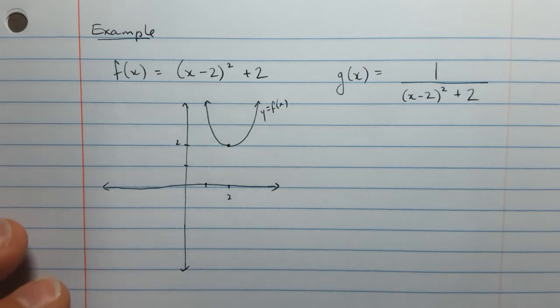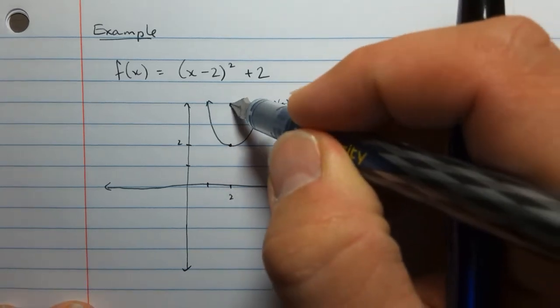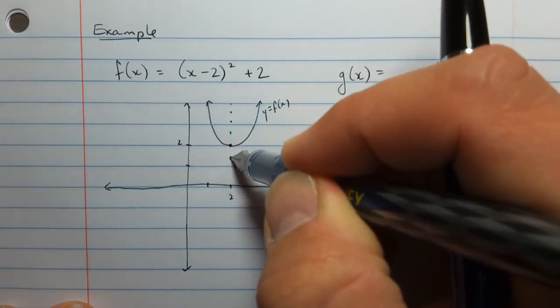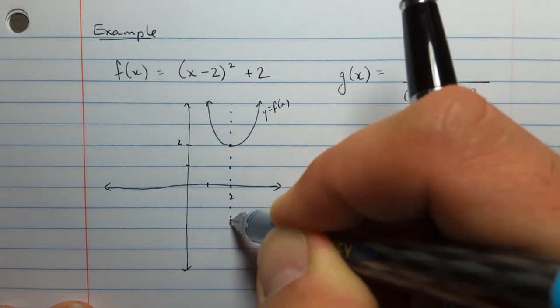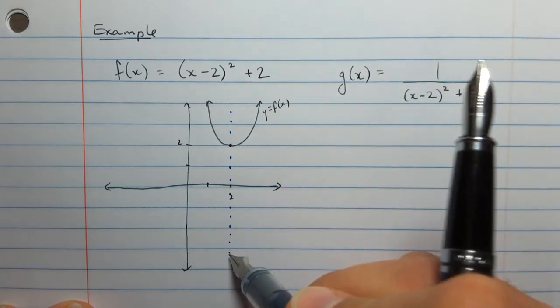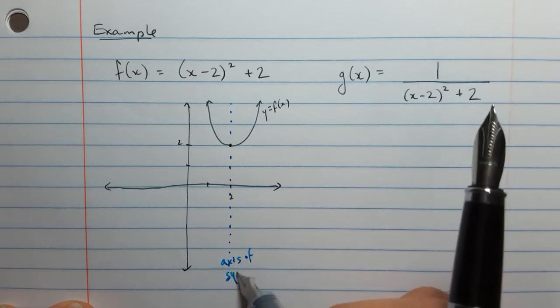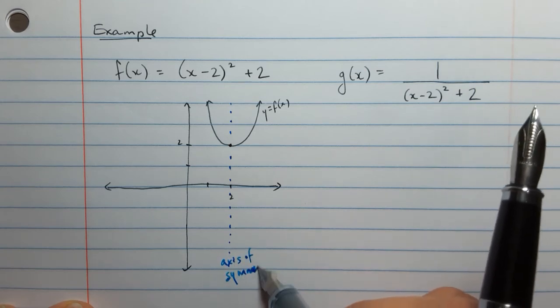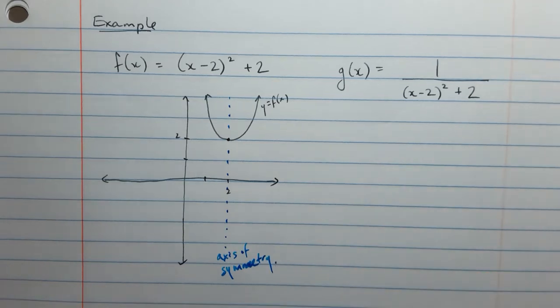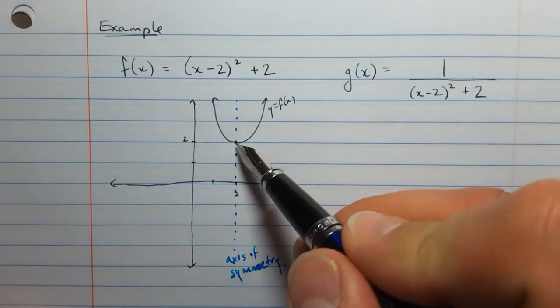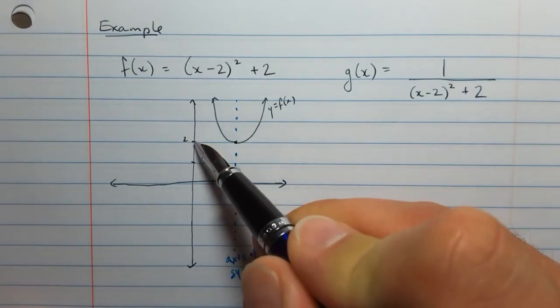This is not an asymptote, but I am going to just put a quick marking on here to show you where the axis of symmetry is for this function. So that's the axis of symmetry. I didn't mark that on the last example, but you could have, because we're going to see that same symmetry in our new curve. So that's the y value positive 2.